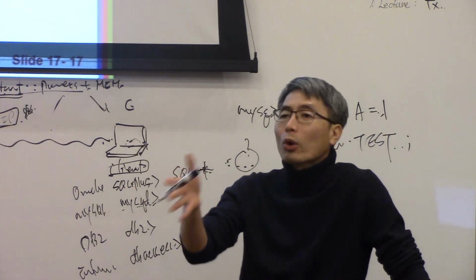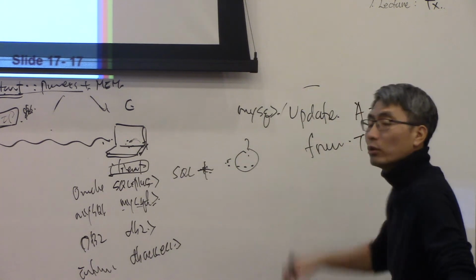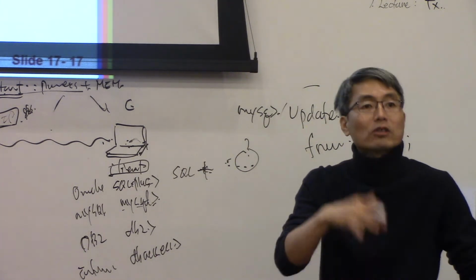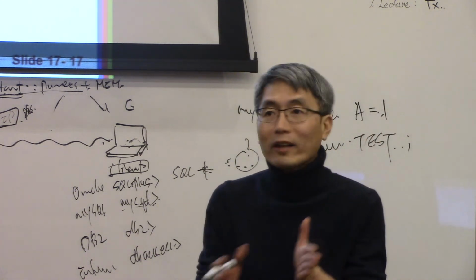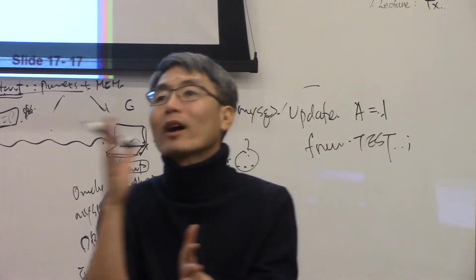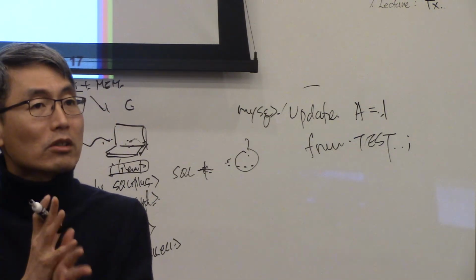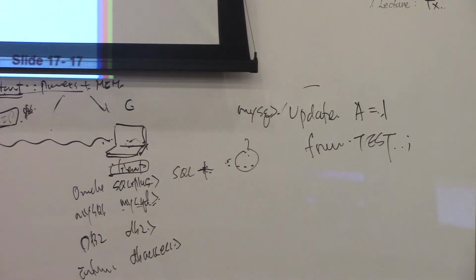You need to find the location to update, to delete, to insert, which means you need to find the fastest way. You need to apply either RBO or CBO query optimization. So this is one common mistake. The query optimizer is only for the select. No. Any query needs query optimization.